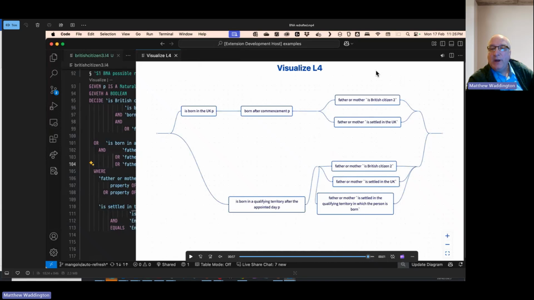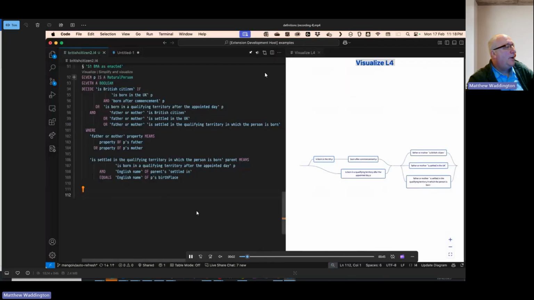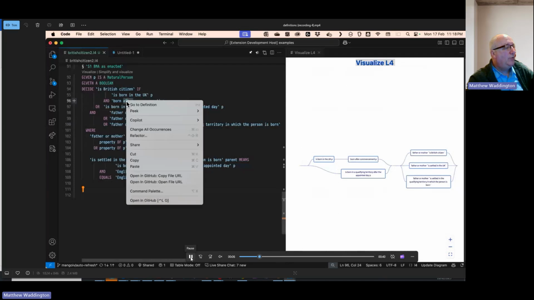Just to come back to the other possibilities that L4 gives you. I mentioned just now the fact that you can have other uses of the same term flagged up. If you've got a defined term, if you right click, you have a pop-up that says go to definition.